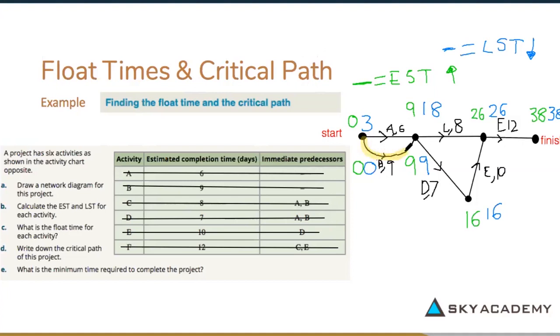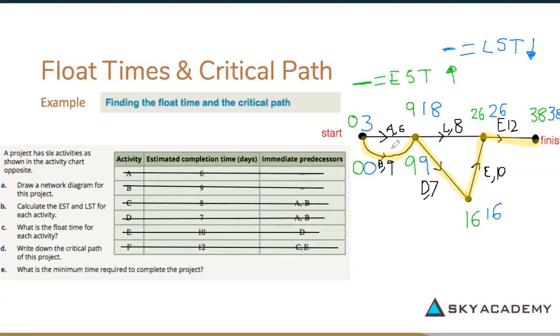I would know that 16 minus 16 would be 0. So that would come down here. 26 minus 26 would be 0, so it would go up there. And 38 minus 38 would be 0. So that would be the critical path for our project.